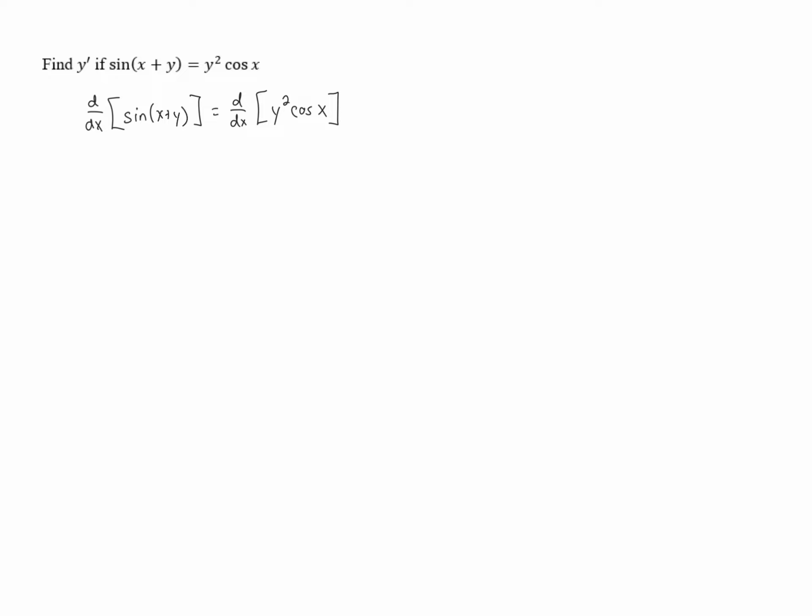The outer function is sine of u. The derivative of sine is cosine. So we're going to have cosine of x plus y times the derivative of the inner function. The derivative of x with respect to x is just 1, plus the derivative of y with respect to x is dy over dx, or we can also just write y prime.